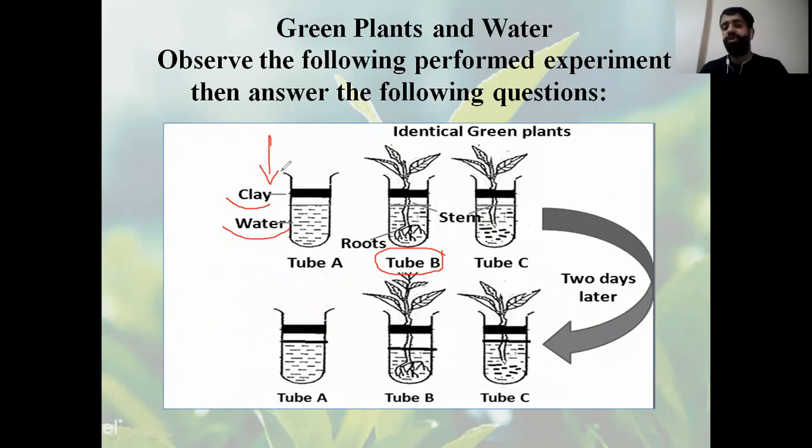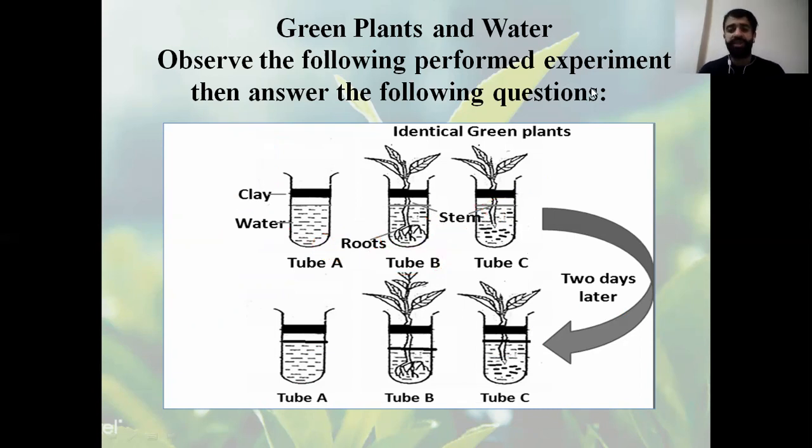In tube B we have a plant containing roots and stem, while in tube C we have a plant containing only stem. So the variable factor here is the root. We have roots in plant B while no roots in plant C.